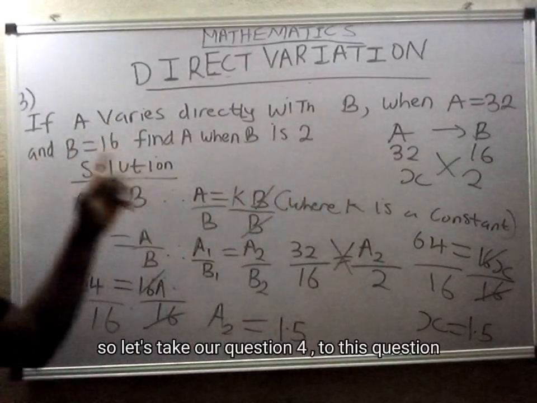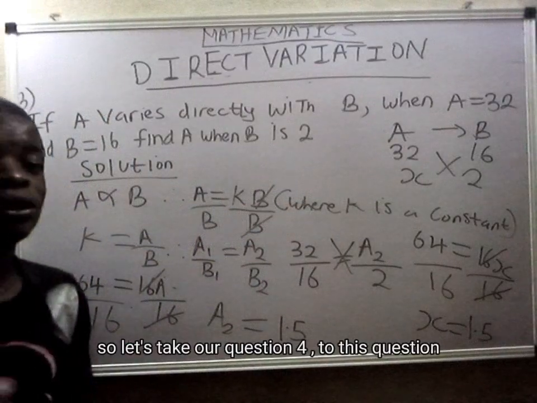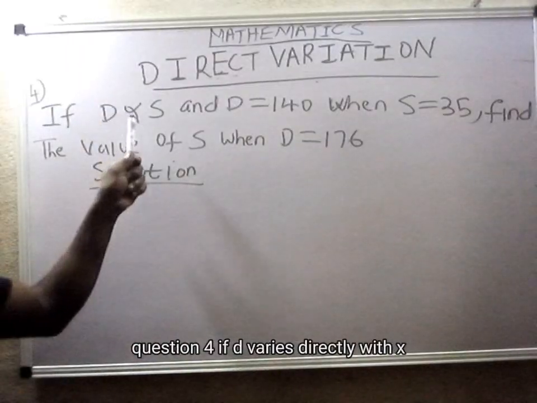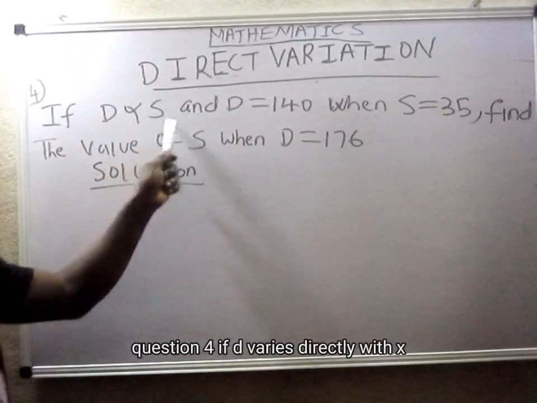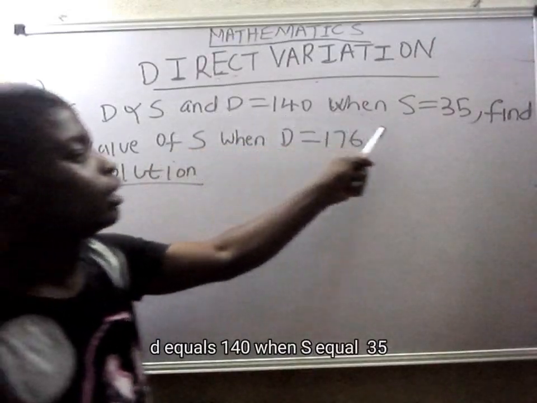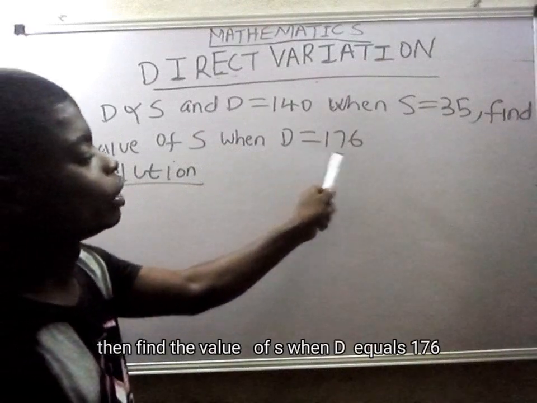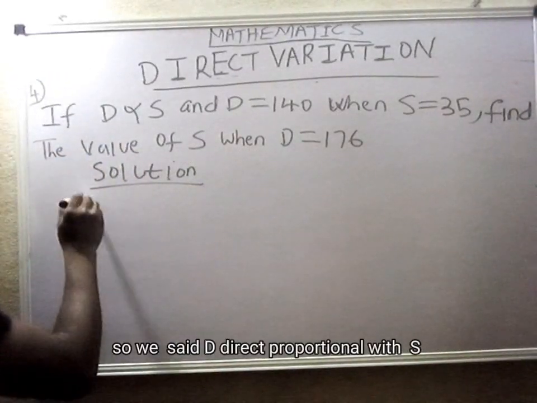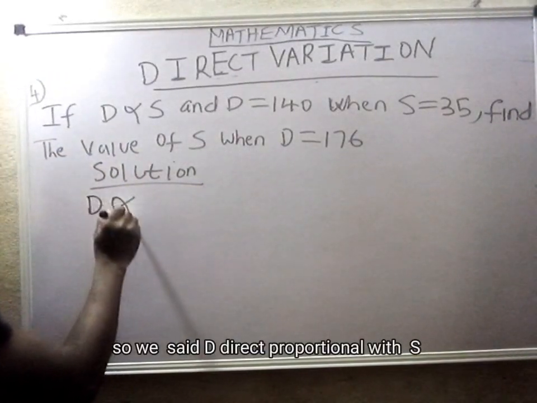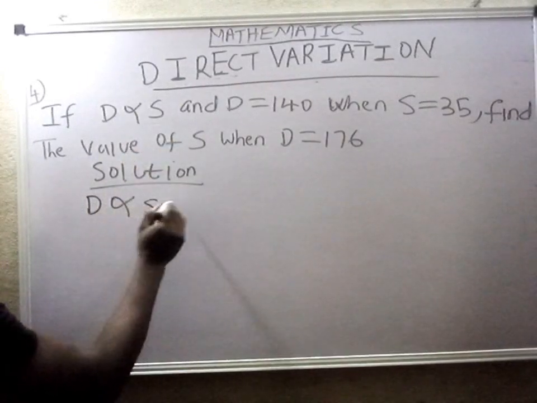So let's take our question 4. If D varies directly with x, D equals 140 when x equals 35, find the value of x when D equals 176. So we'll say D is proportional to x.